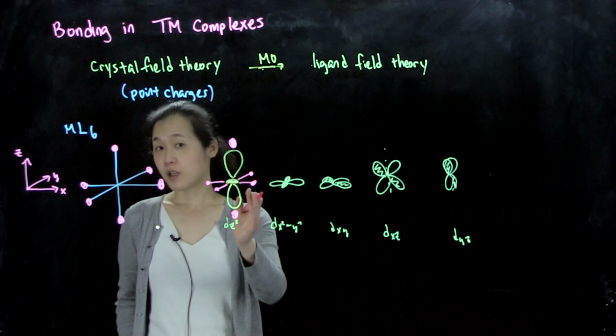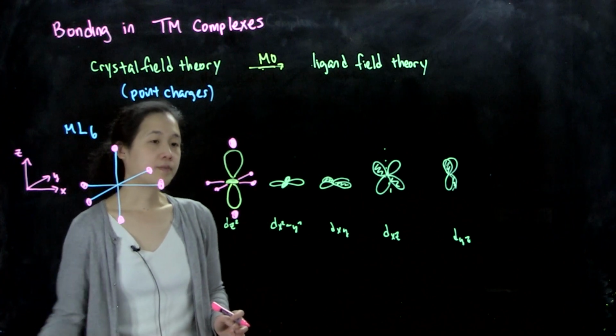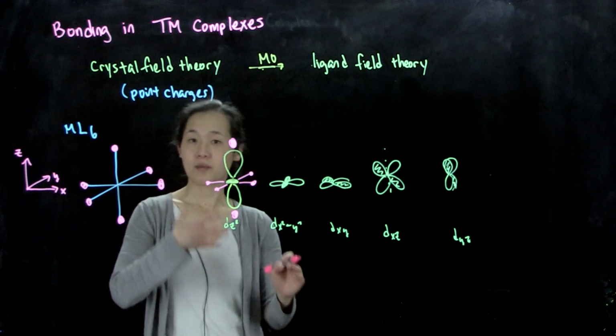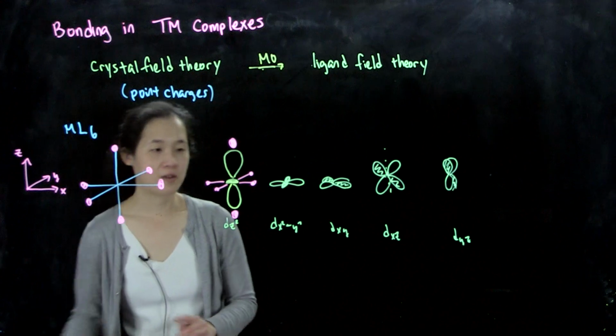So this is the point charge aspect of it. If we were to do the more MO aspect of it, we could make bonding and antibonding orbital combinations. I'll draw that as a mini version down below.